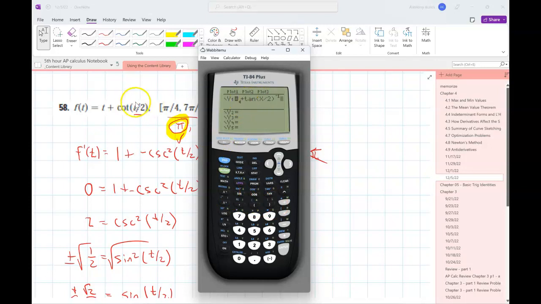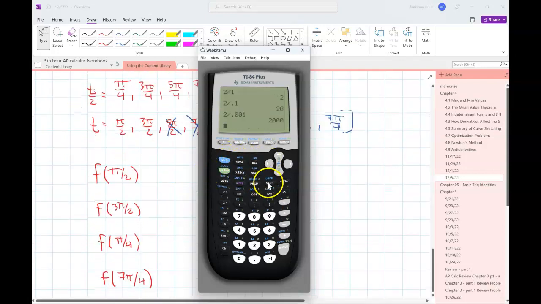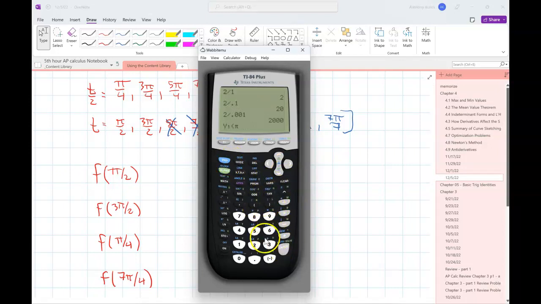To do cotangent of t over 2, I'm going to do tangent x over 2, and then raise that to the -1 power. Notice that's not the same as tan inverse. That's the reciprocal of tangent. I got to make sure we're in radian mode. Okay, good. So that's just going to be y1 of pi over 2.